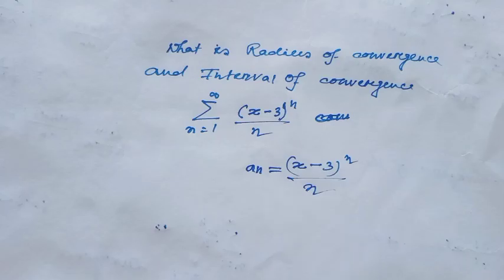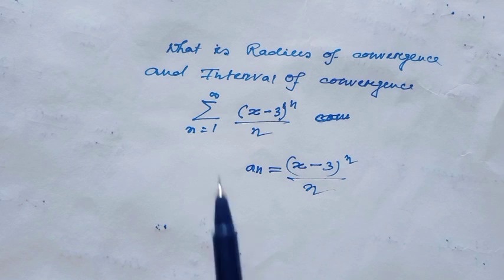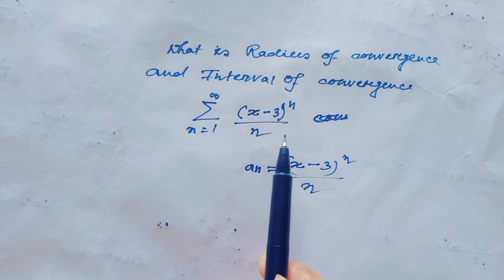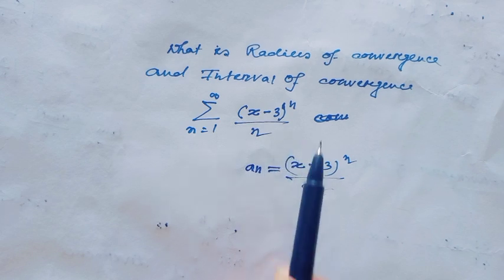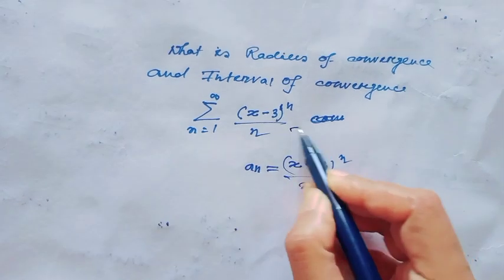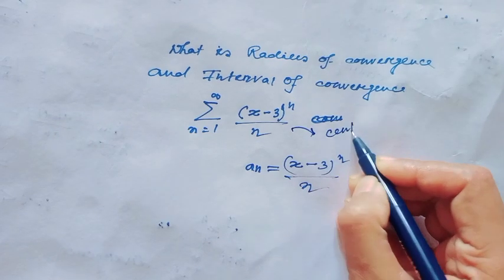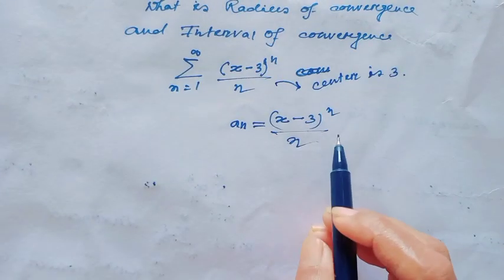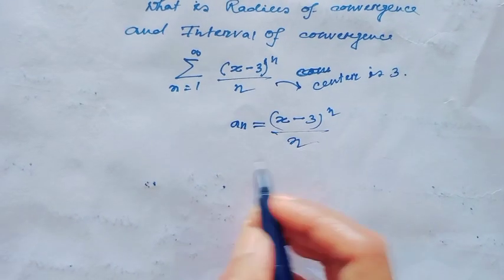Now I will see what the radius of convergence and interval of convergence of this power series are. The series from n equals 1 to infinity of (x minus 3) to the power n over n. Here the center of this power series is 3, and a_n equals (x minus 3) to the power n over n.